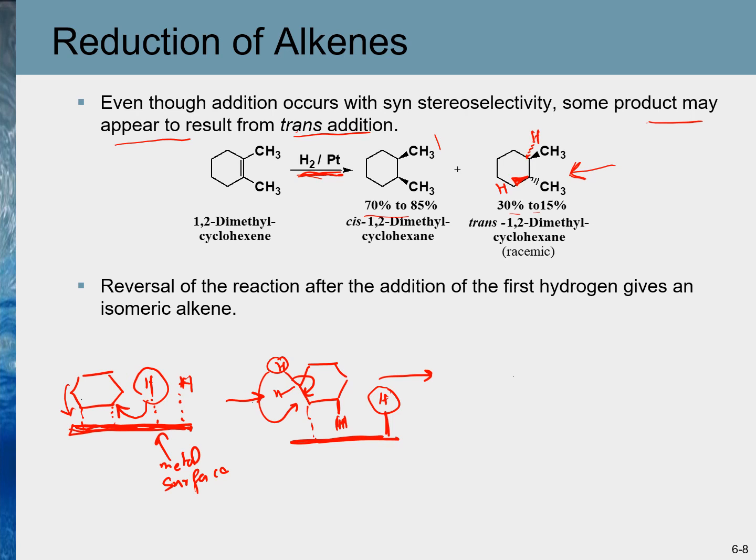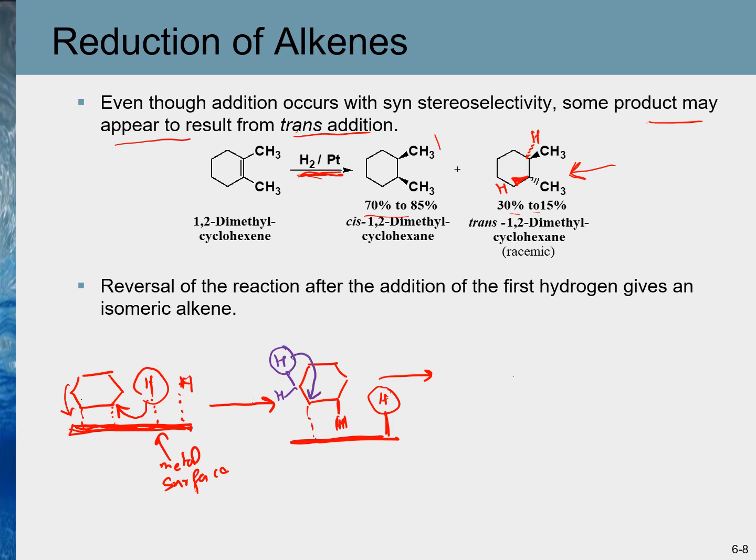So let me redraw it. At this point only one hydrogen has been added to our alkene. Now before the other hydrogen, which is bonded to the catalyst, may add, the hydrogen from the neighboring carbon atom, this one, gets added.